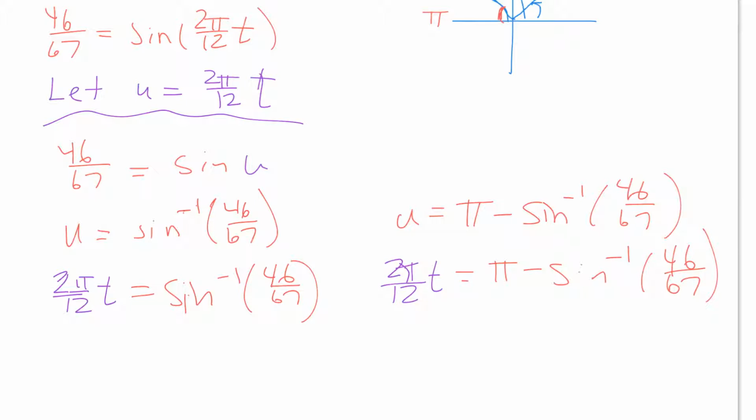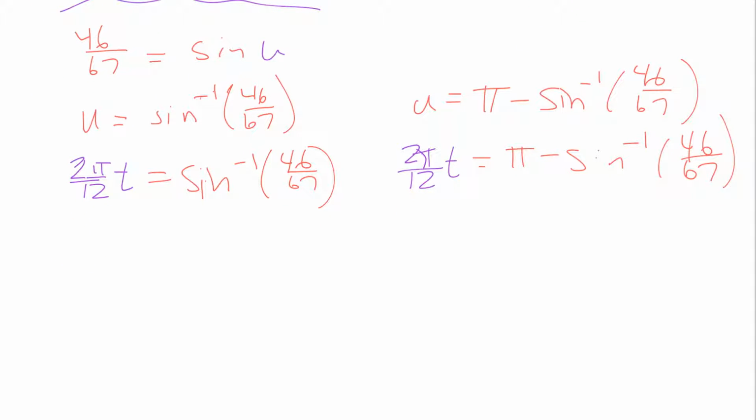If I solve the first one, I want to multiply by the reciprocal, which would be 12 over 2 pi. So t is going to be equal to that reciprocal, 12 over 2 pi, times the sine inverse of 46 over 67.